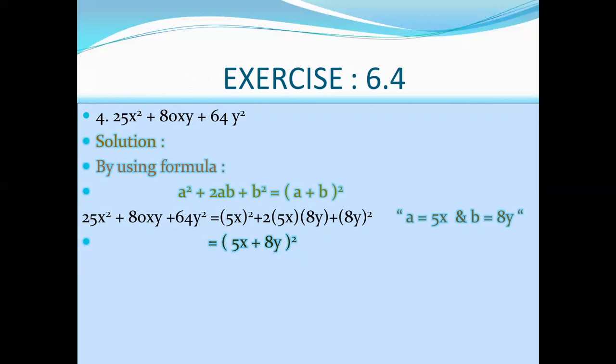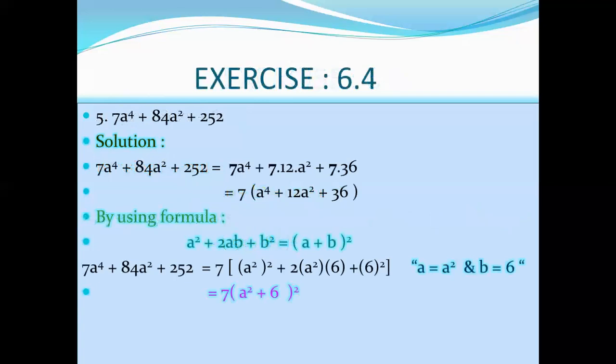In a square plus 2ab plus b square, we find that a is 5x and b is 8y. Now in the formula, instead of a we put 5x and instead of b we put 8y: 5x whole square plus 2 into 5x into 8y plus 8y whole square. When you multiply 2 with 5 and then with 8, you get 80xy, the middle term. So you only concentrate on the first and the last one; no need to find the middle term. 5x plus 8y whole square is our answer.